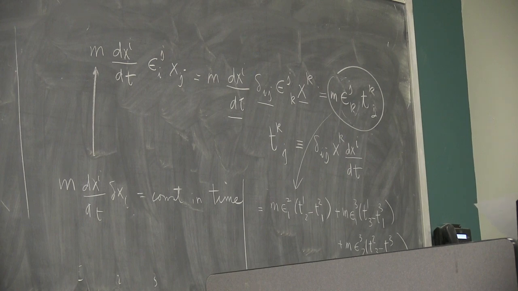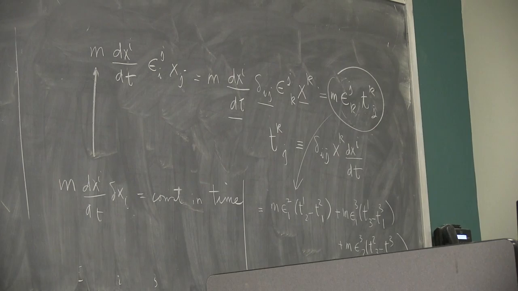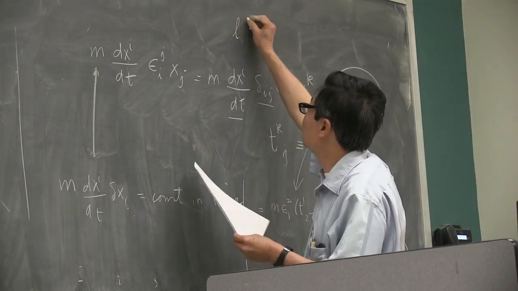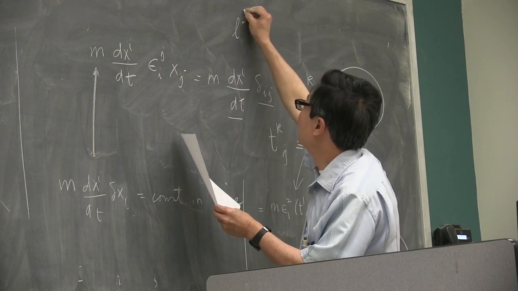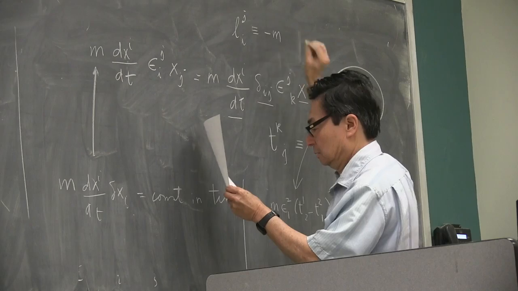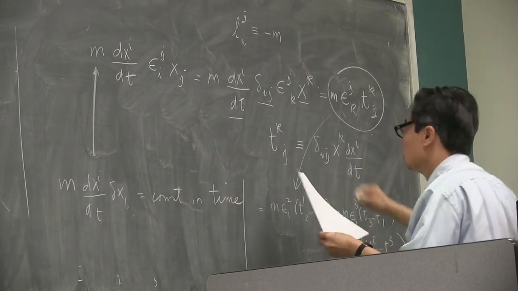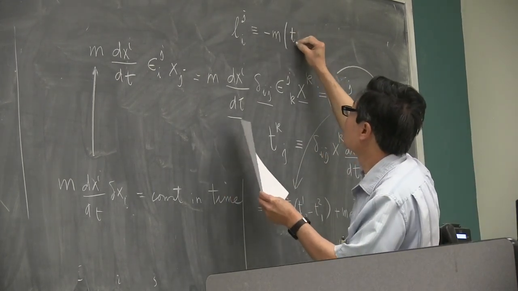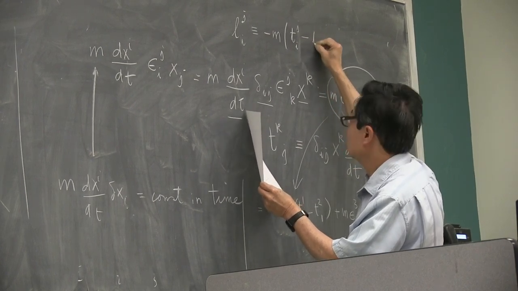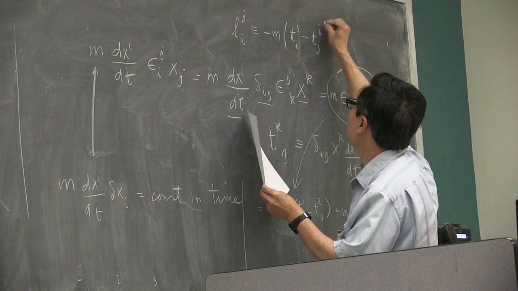So now let's further define another tensor that I'm going to call L_ij, and I define that to be m times (T_ij minus T_ji).